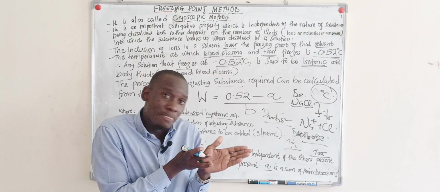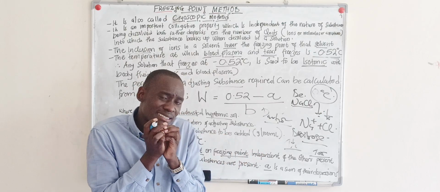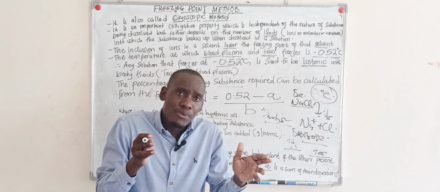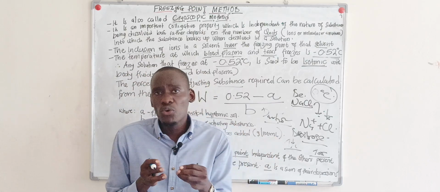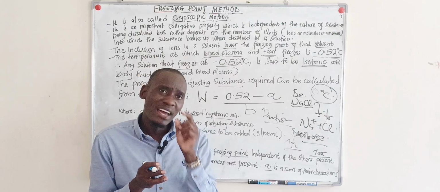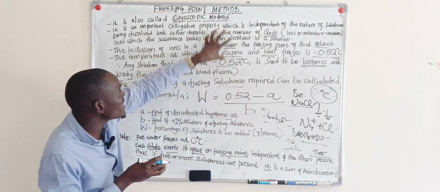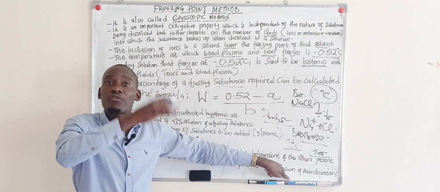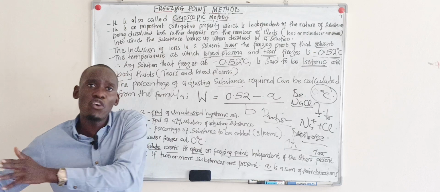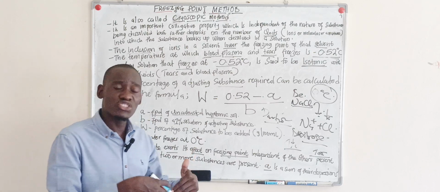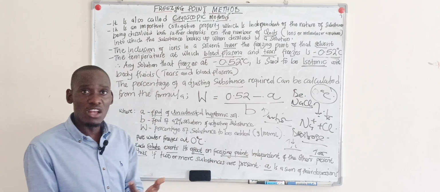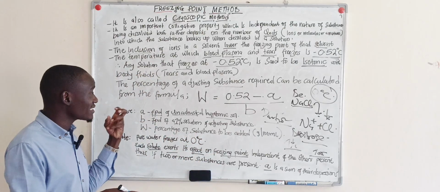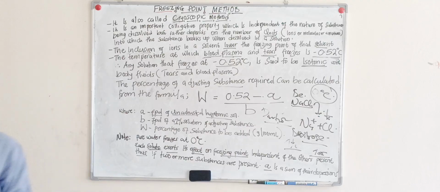So if you have more than one solute, A is simply the sum of the freezing point depression of all those substances being dissolved in that solution, as we shall look at in our first example.